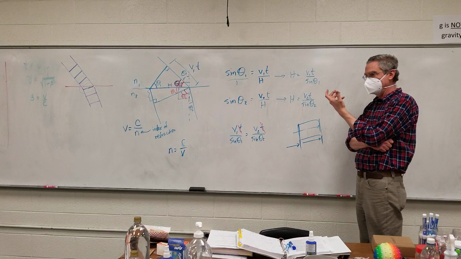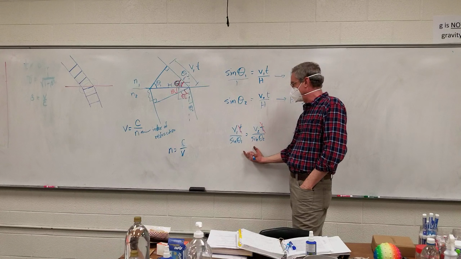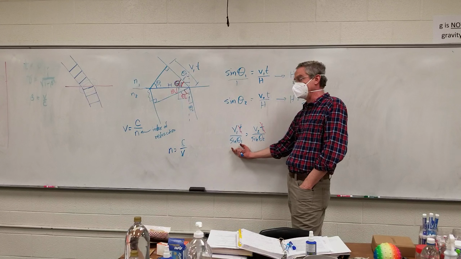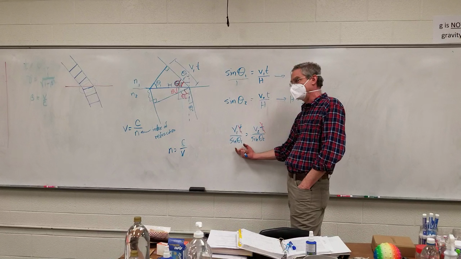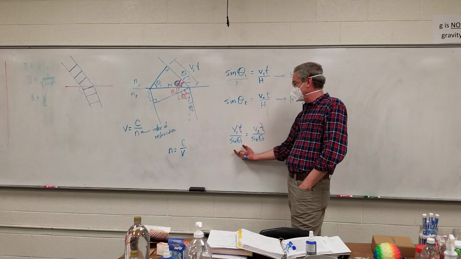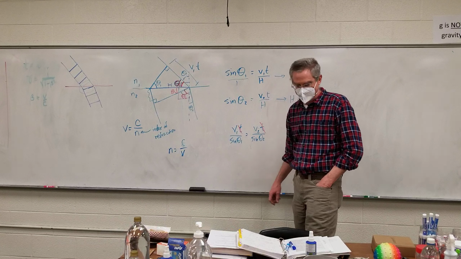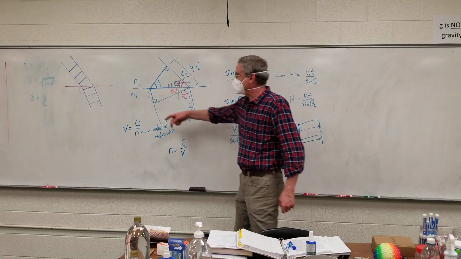But this equation that you just did, v1 over sine theta 1, I'm not done with it. But eventually you could find the speed of light in that medium, right? Yes, you could find n through that, as long as you know one of the n's.